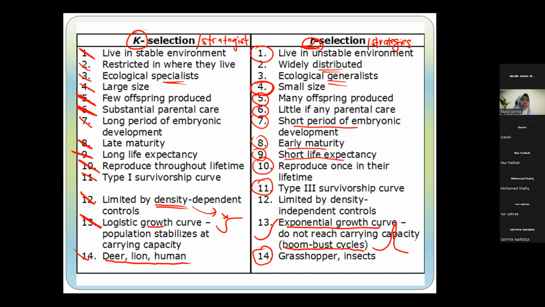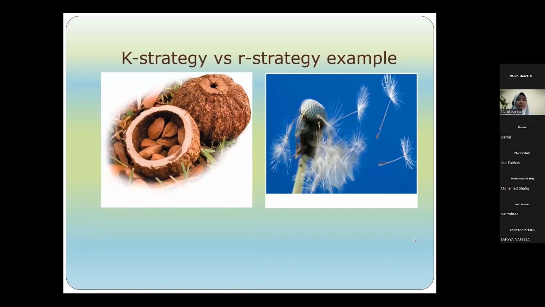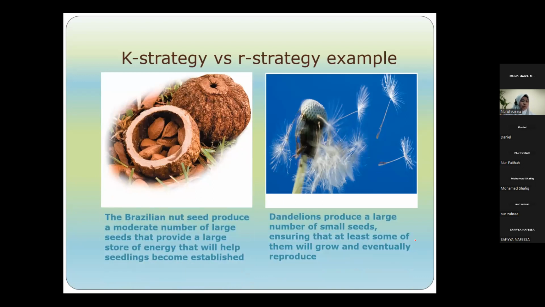Okay, to apply the knowledge, cuba tengok kat sini. Example. So this is the description of two different organisms. You have to choose which one is using the K strategy or K selection, which one is the R strategies or R selection.